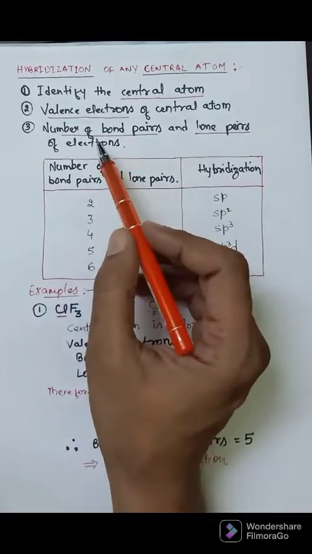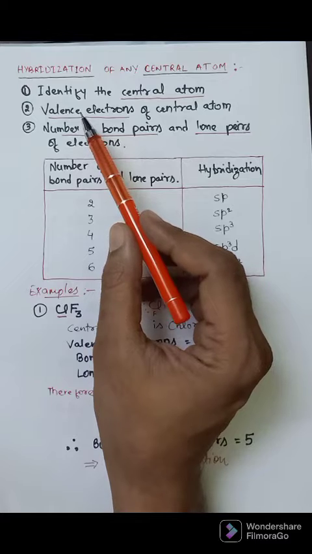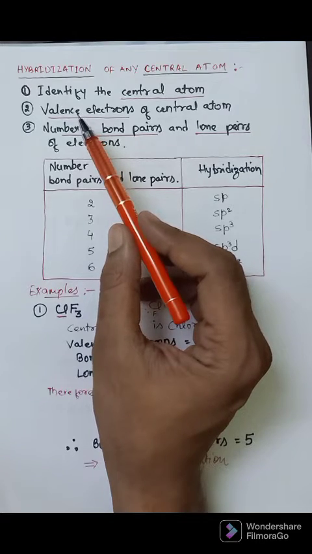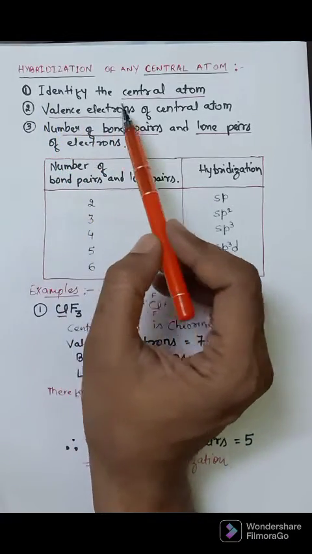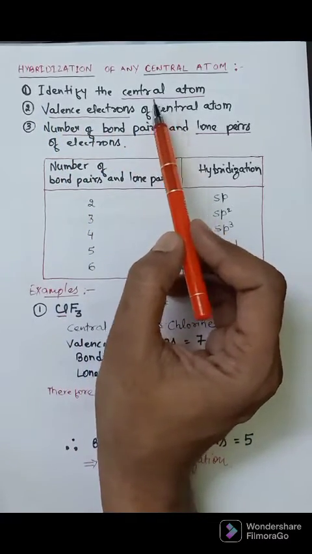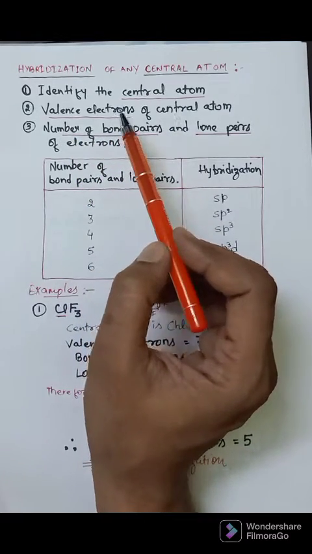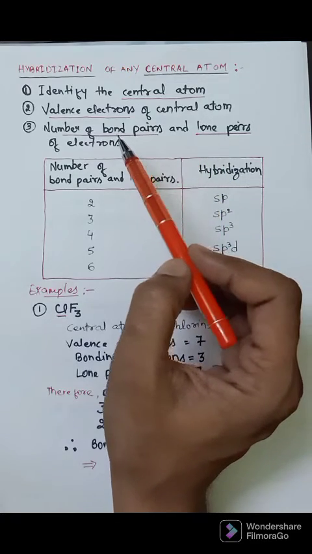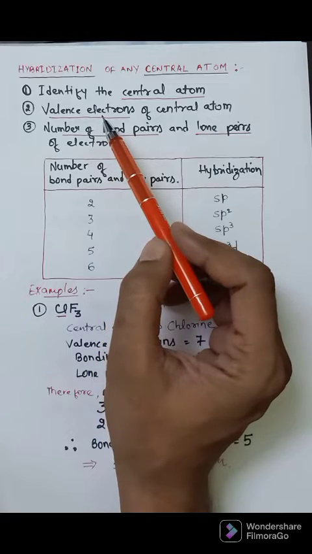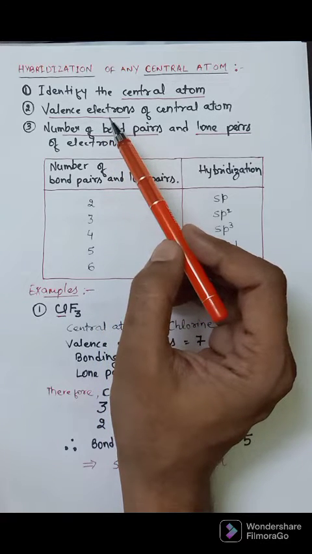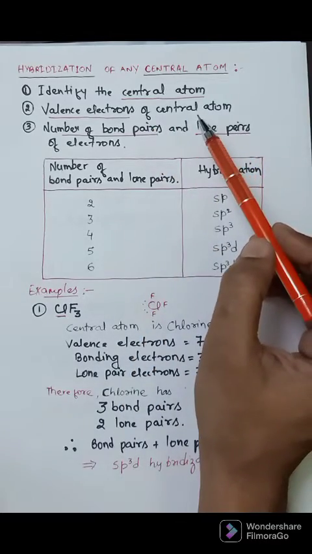For that, you have to remember or find three important things. The first one is to identify the central atom, and the second one is the number of valence electrons present in the central atom. You should know how to calculate the number of valence electrons present in any given atom.